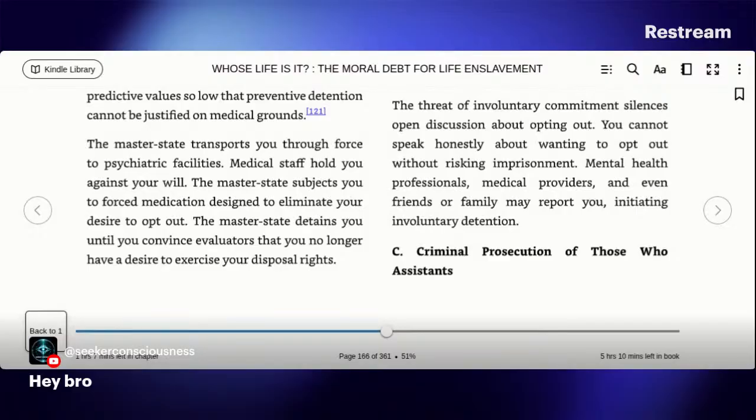The master state detains you until you convince evaluators that you no longer have a desire to exercise your disposal rights. The threat of involuntary commitment silences open discussion about opting out. You cannot speak honestly about wanting to opt out without risking imprisonment. Mental health professionals, medical providers, and even friends or family may report you, initiating involuntary detention.